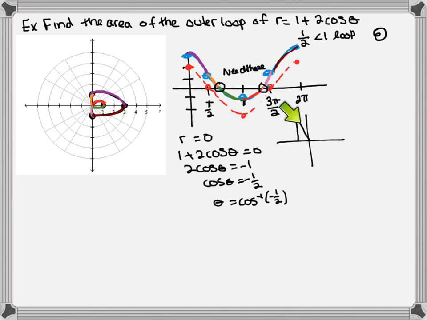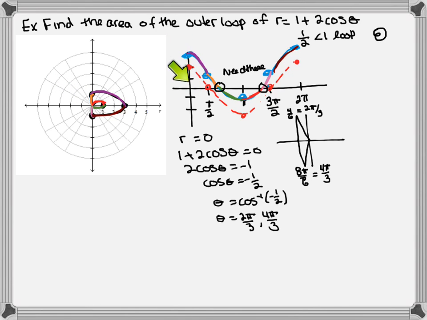So my first one is going to be 4 pi over 6, or 2 pi over 3. The second one is going to be 8 pi over 6, or 4 pi over 3. So those are my two angles that I need to find. And those are my zeros. So that's going to be both of these.